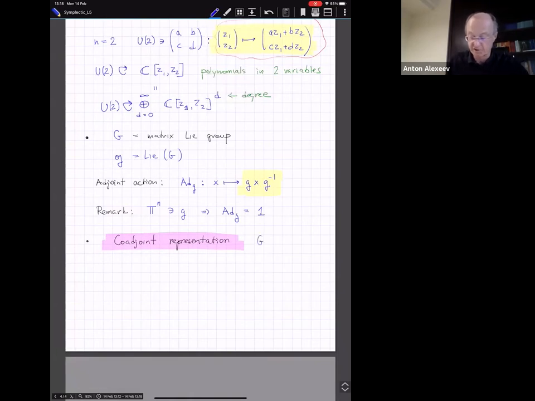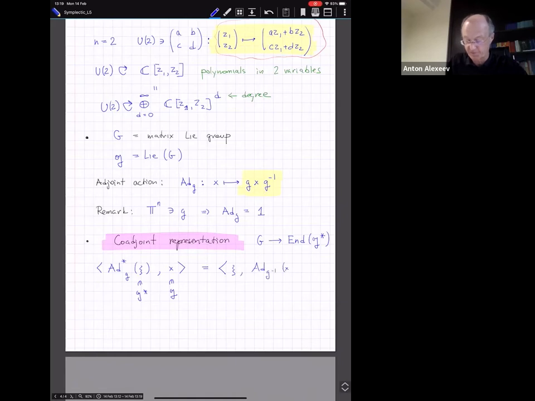It's a representation in endomorphisms of the dual space to the Lie algebra. So the notation is Ad star, and it is defined as follows. Of course, we have a natural pairing between g and g star by definition, and we define this representation as follows.